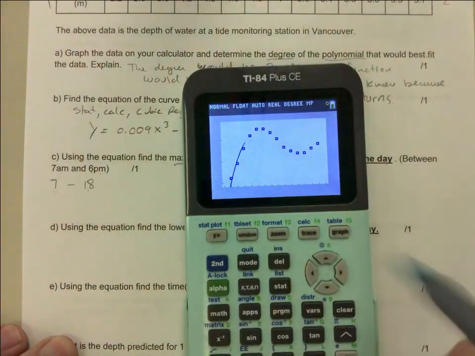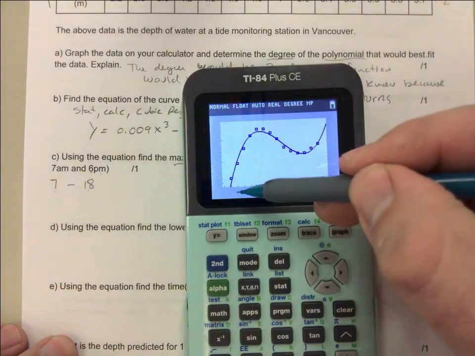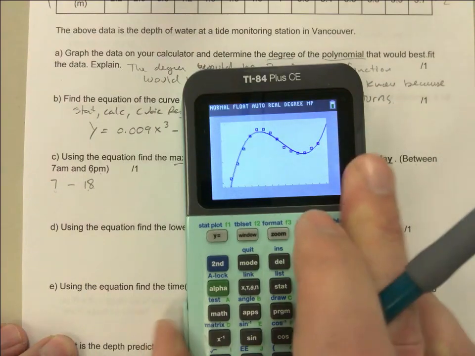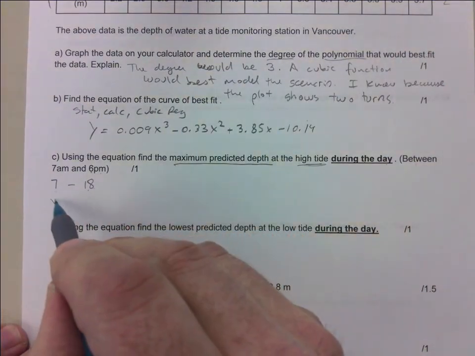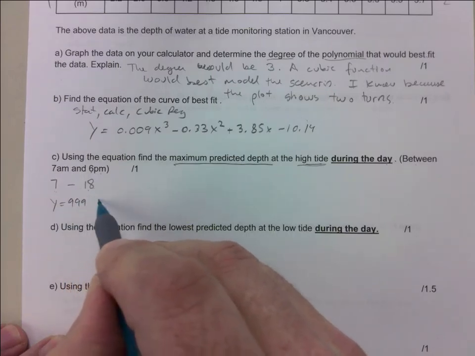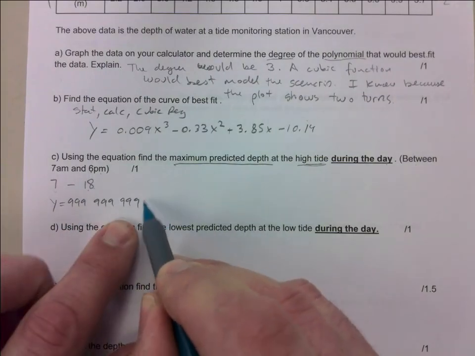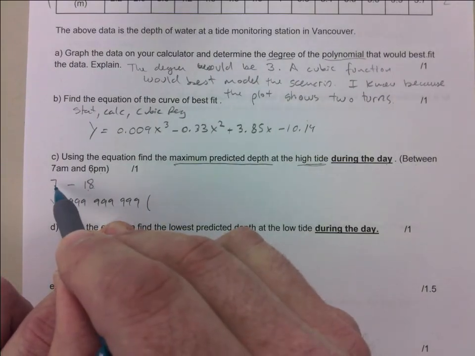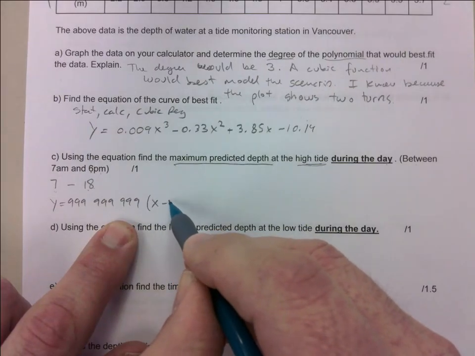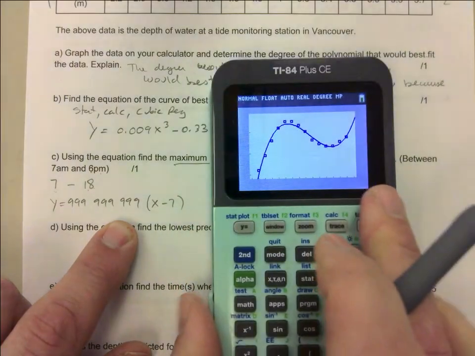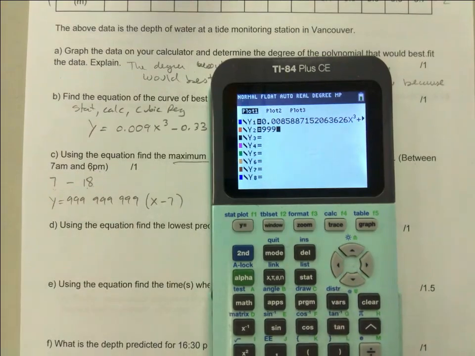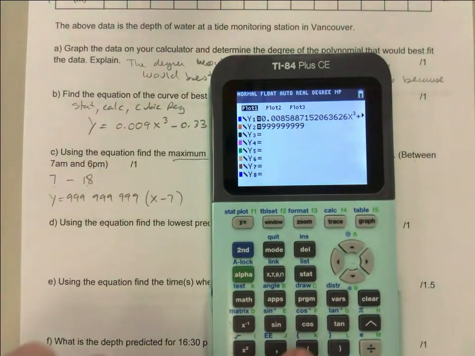So let's say you graph this and you want to see where is 7, where is 18. This is where you have to type in 9 nines like this. And if you want to graph one at 7, you got to go x minus 7. So let's try that. 1, 2, 3, 4, 5, 6, 7, 8, 9. And you go x minus 7.